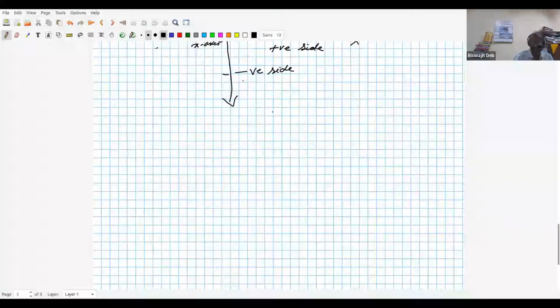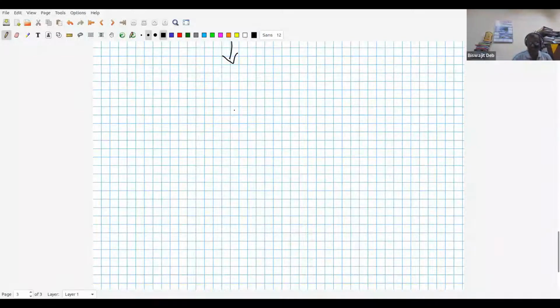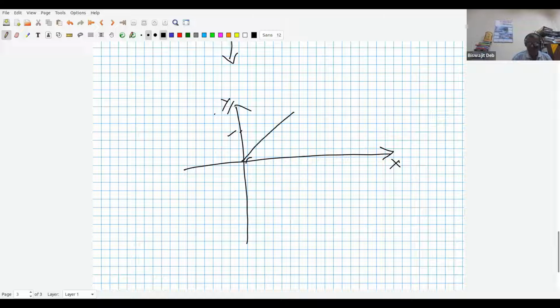Now let us define angle here. So what is angle in this setup? If I consider a ray like this, let this be OP.